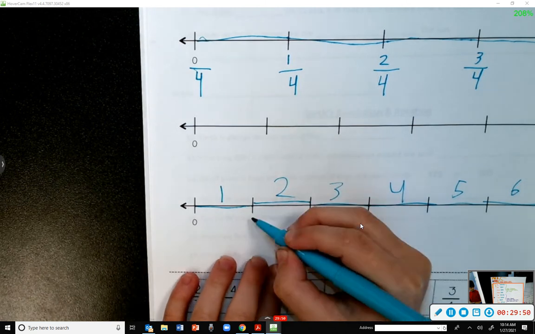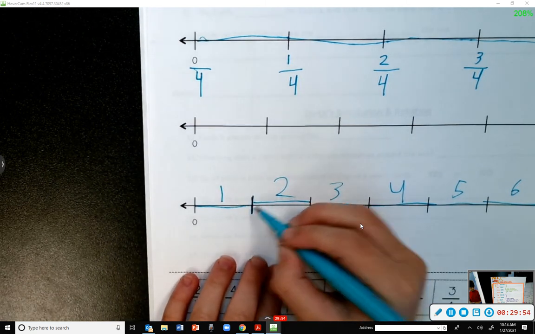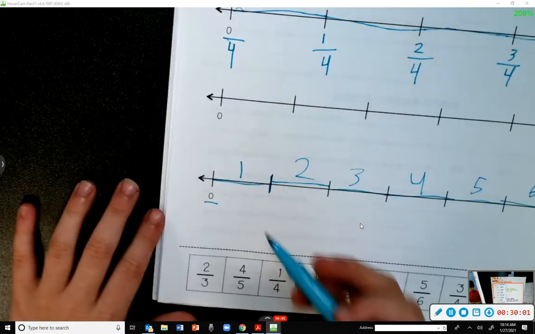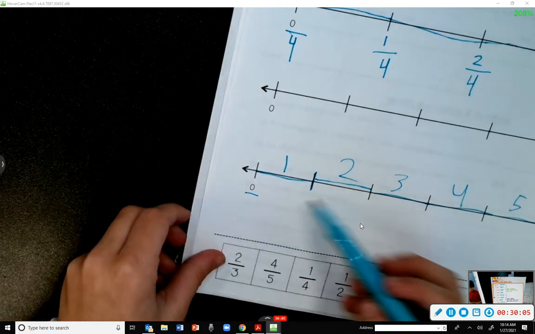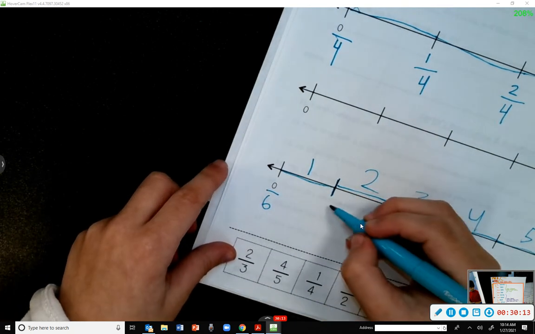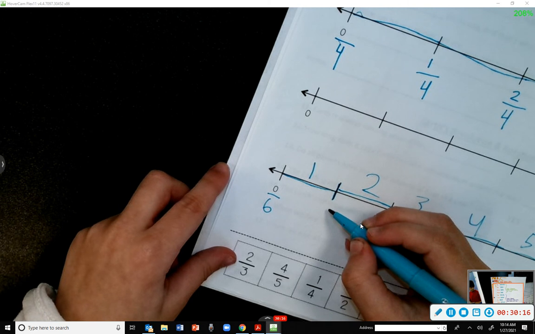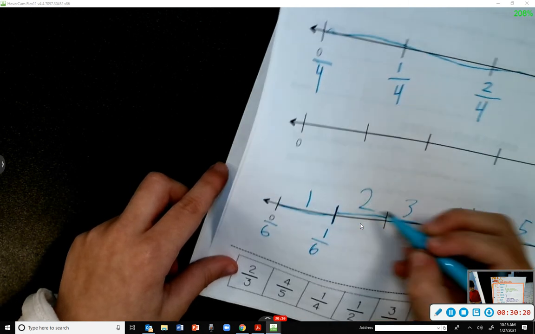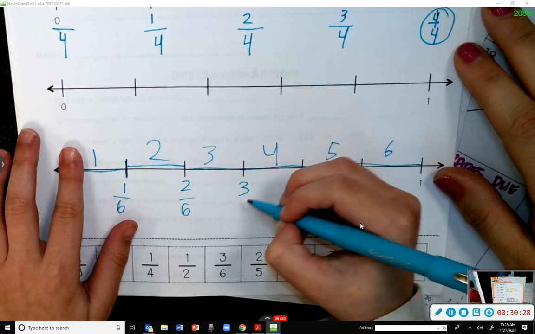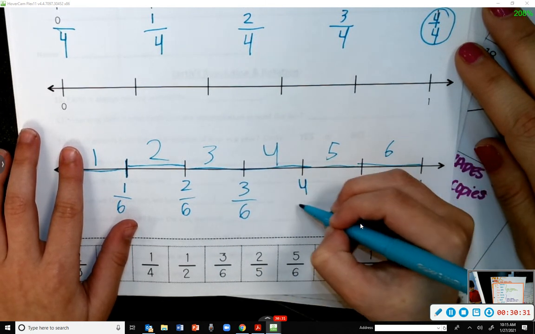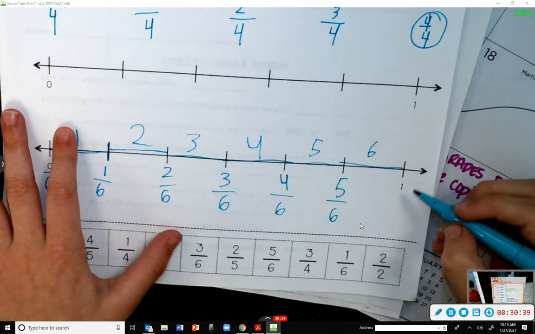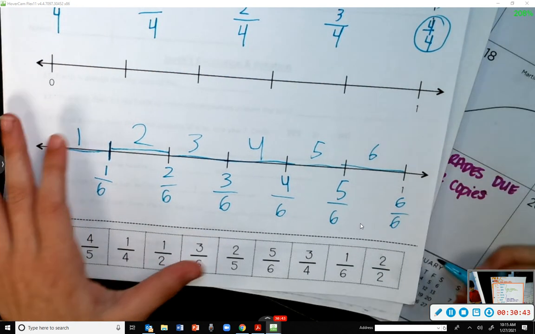Then there's one of these. 0 sixths. 1/6, 2/6, 3/6, 4/6, 5/6, and 6/6. Okay, good job.